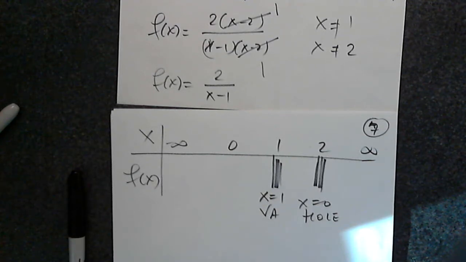Let me refresh your memory on those 3 types. Type 1, same degree over same degree, horizontal asymptote is the leading coefficient over the leading coefficient. Type 2, higher degree in the denominator, horizontal asymptote 0. Type 3, no horizontal asymptote, higher degree at the top by 1 unit than the bottom, slant.